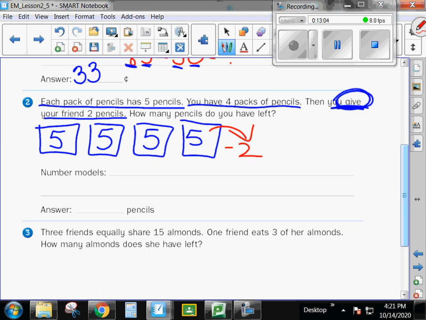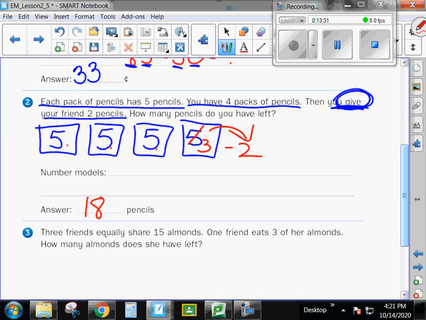Now if I look at my picture, I've got 5, 10, 15, but when I took 2 out, that left me with only 3, didn't it? So I have 5, 10, 15, 16, 17, 18 pencils left. So even from my picture, I can tell what my answer is.